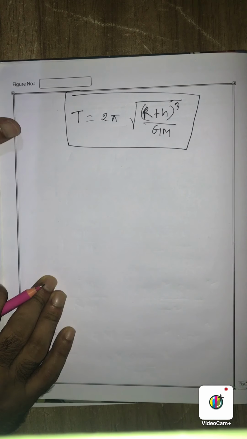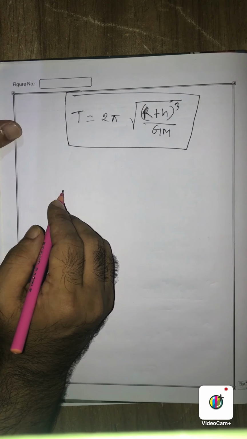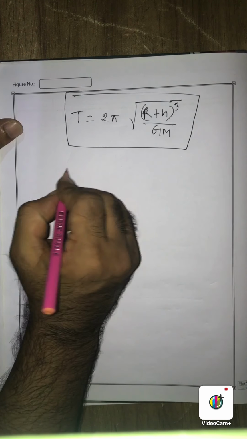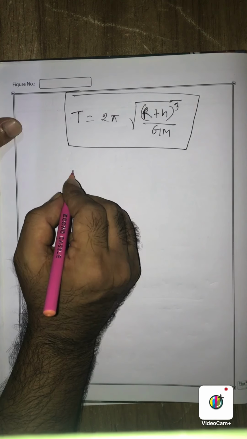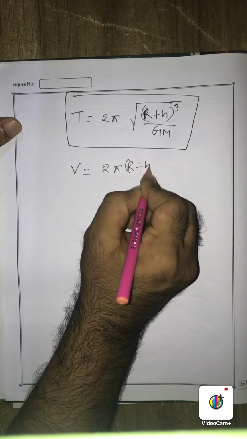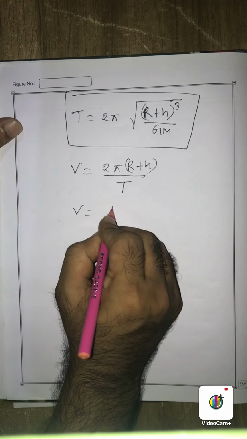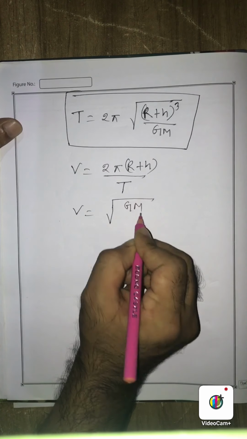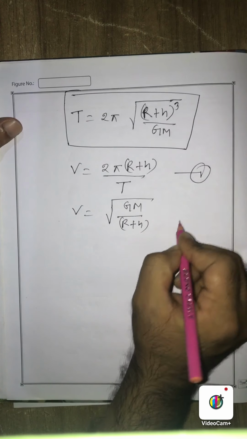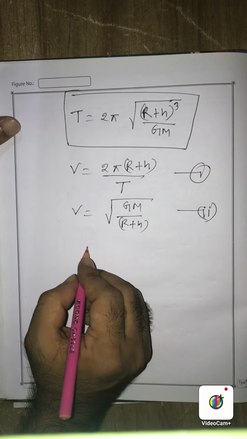Now the height of the artificial satellite. Again we start from velocity: v equals 2π(R plus H) divided by T, and v equals root over GM divided by (R plus H). So again from equation 1 and equation 2, both are equal.